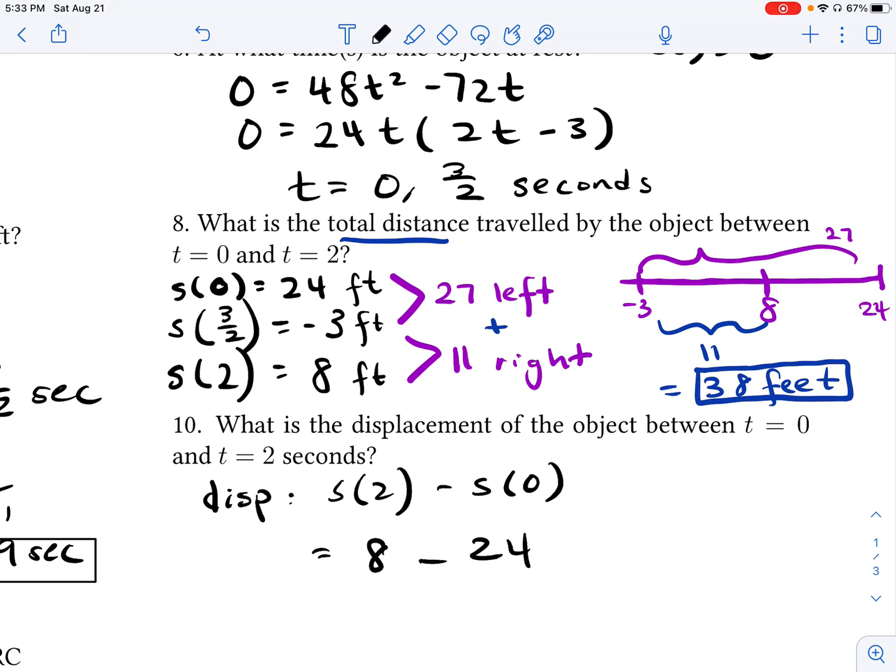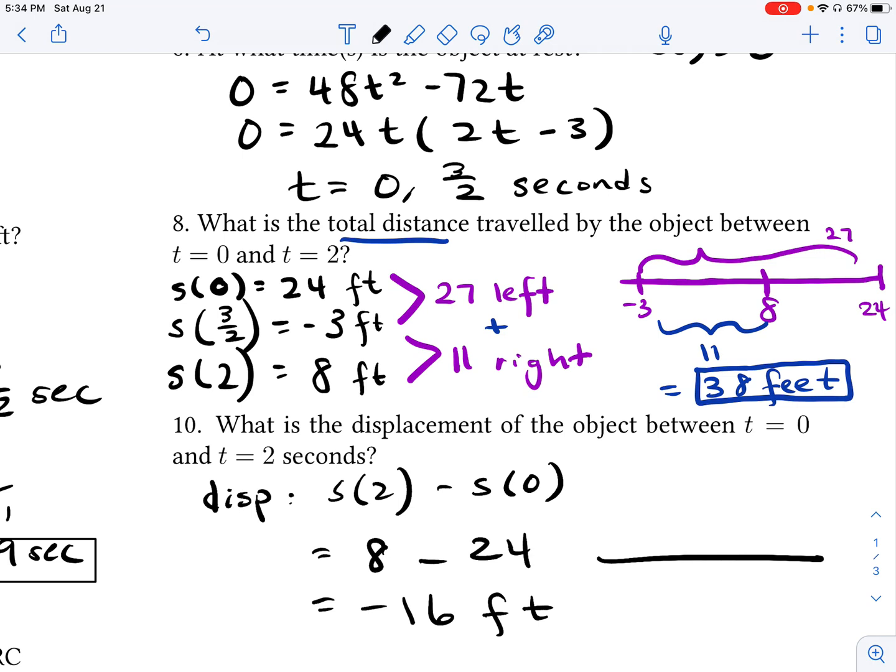After 2 seconds you were at a position of 8 feet from 0, and when you first started, you were 24 feet from 0. So you've moved back 16 feet from where you first started.